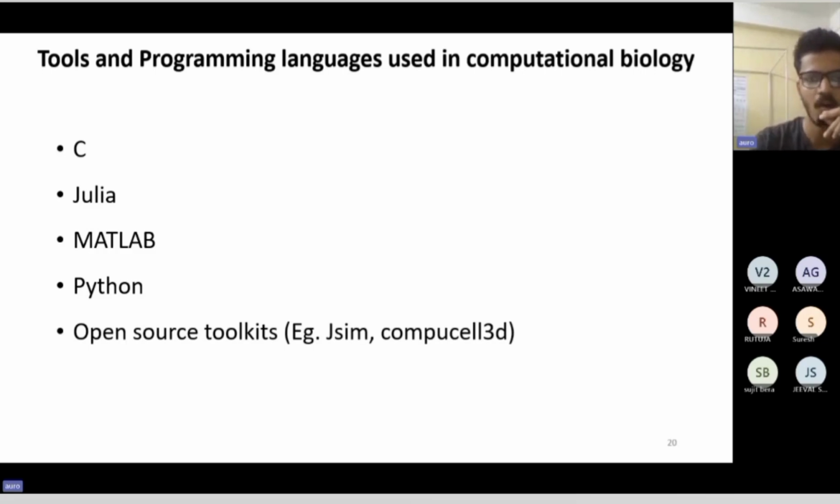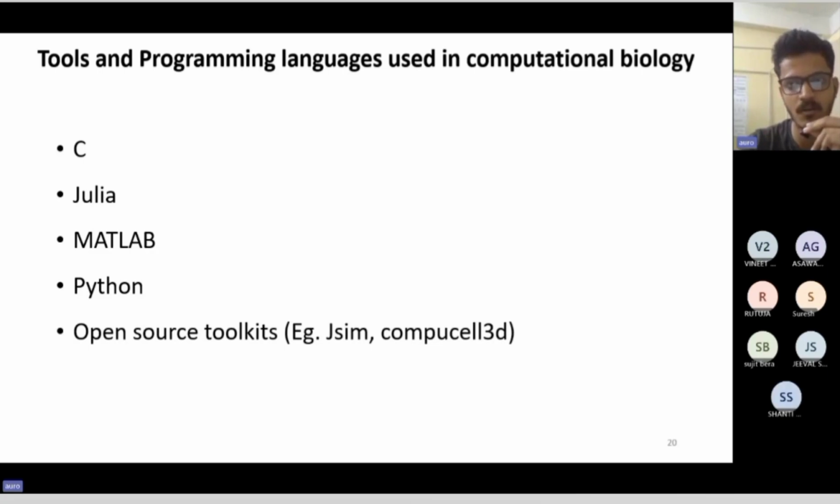So we use C, or you can use Julia. In many cases Julia is as close to C in terms of speed, and it is faster than Python and MATLAB in most cases. The code of Julia is also much easier to write than C. Julia is an emerging language which people are using in the computational biology field to create their models.